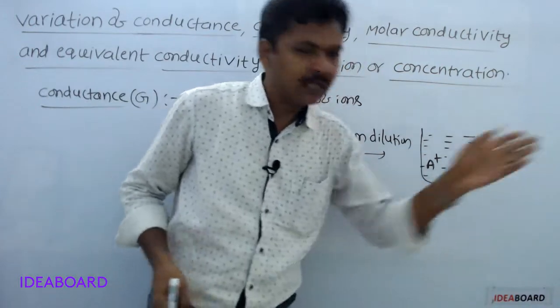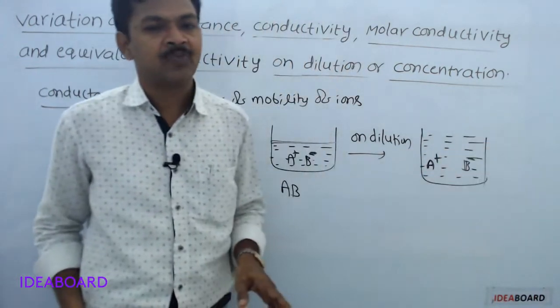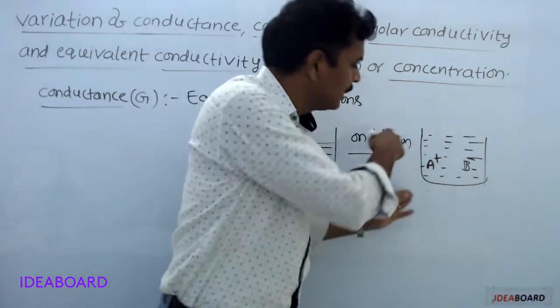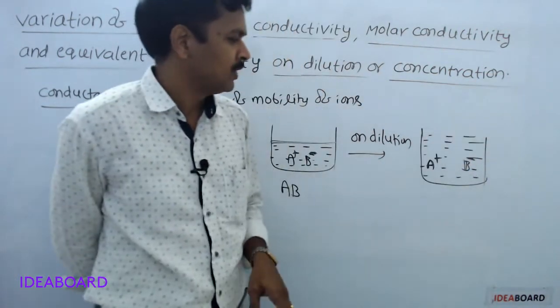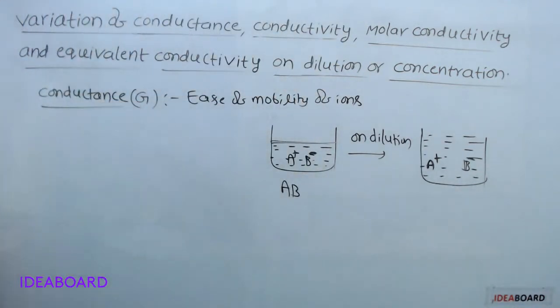Distance between the ions increases means attraction forces between the ions decrease. Attraction forces decrease means ease of mobility of ions increases. That's why conductance increases.